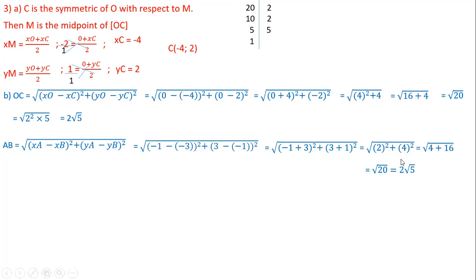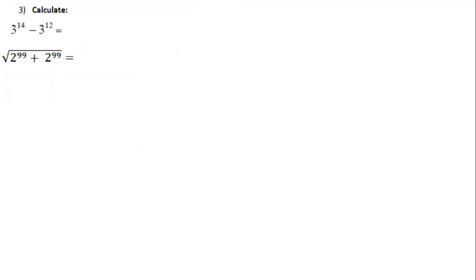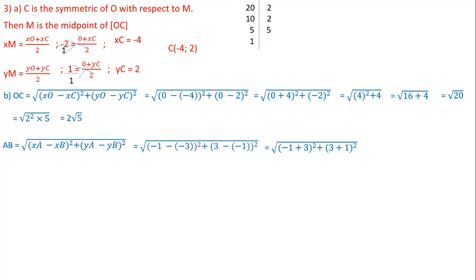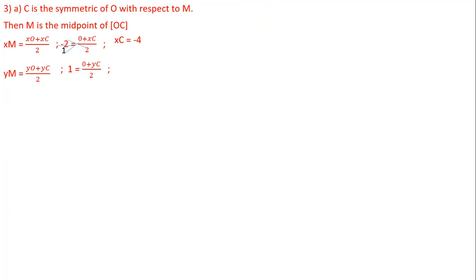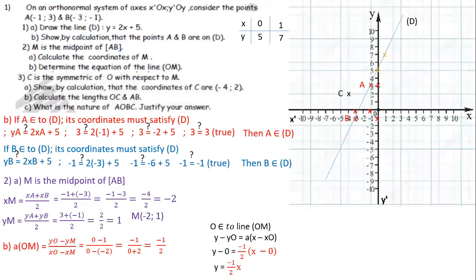Now the final question is: what is the nature of the quadrilateral AOBC? Justify your answer. This is the quadrilateral AOBC. Let me draw it for you.